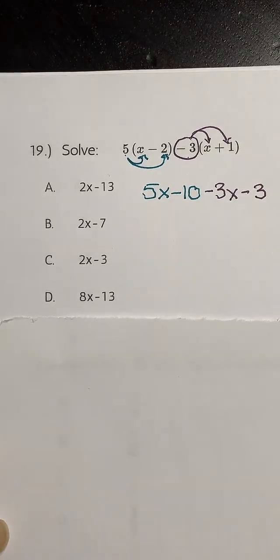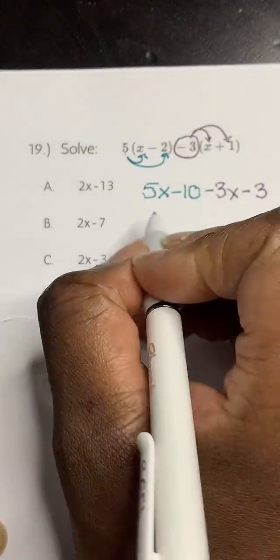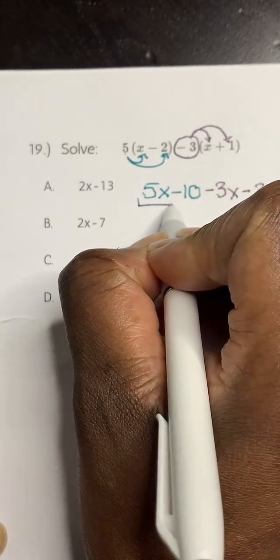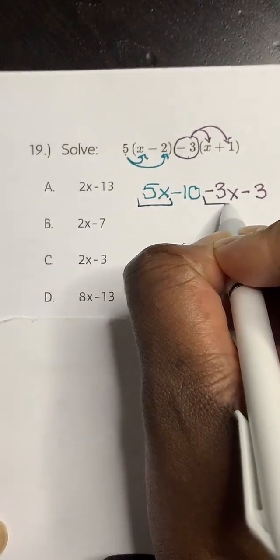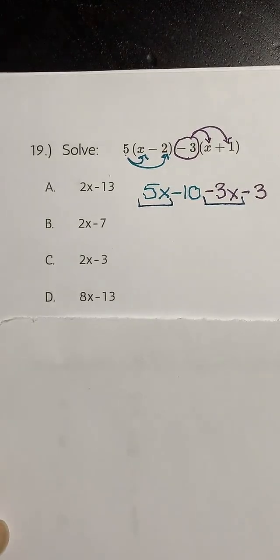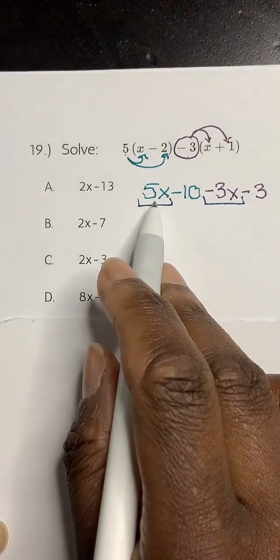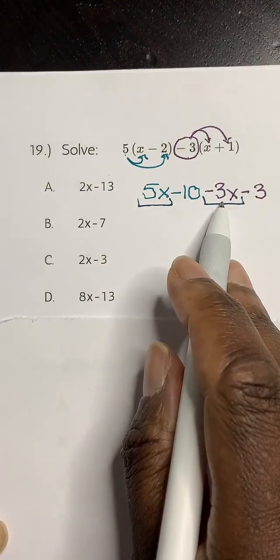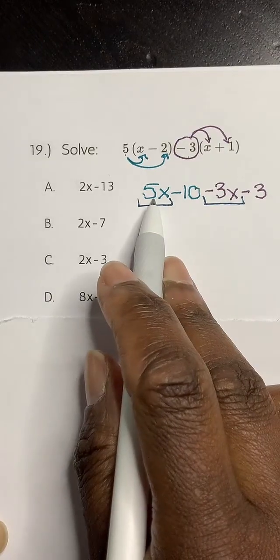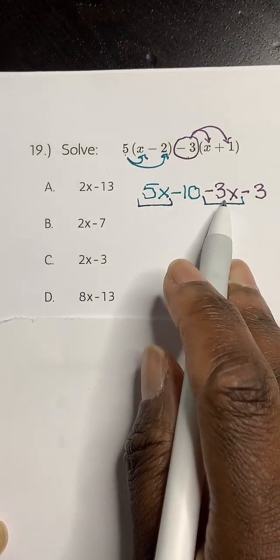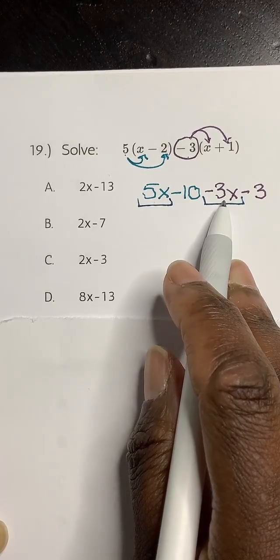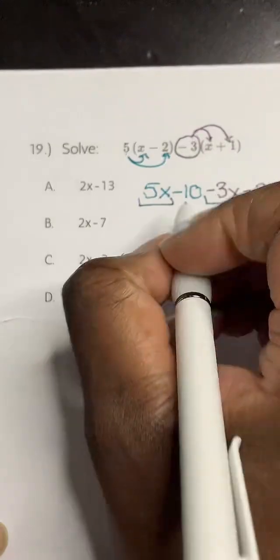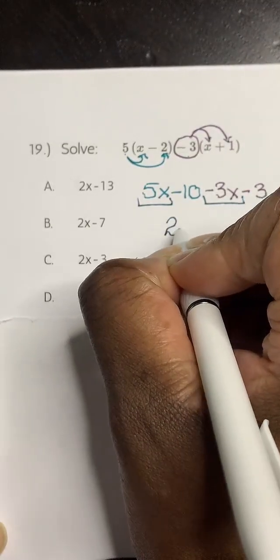Now at this point, we're going to try to find our like terms. We're going to combine our x's with our x's, including the proper signage. So we have a positive 5x and we have a negative 3x. So if I had $5 and then I spent, because I'm taking money away from myself, that means I have $2 left.